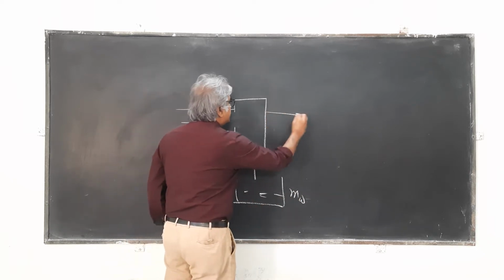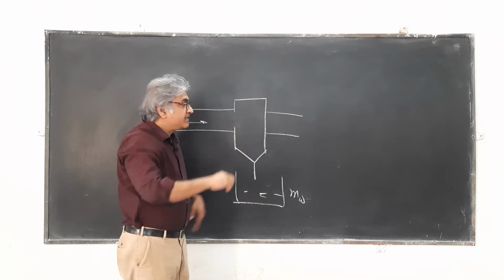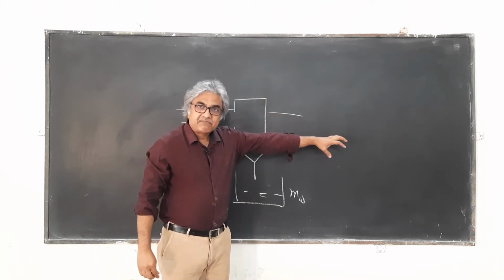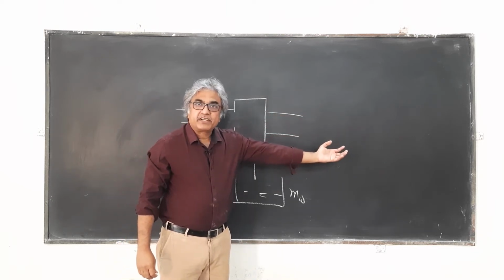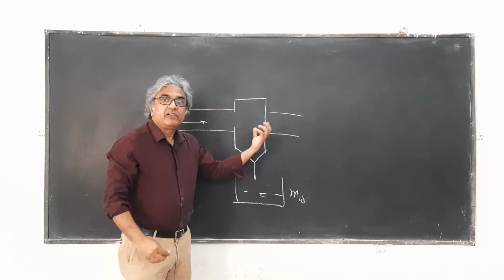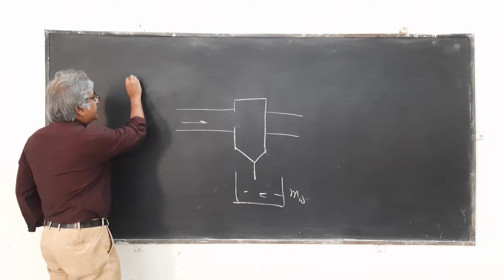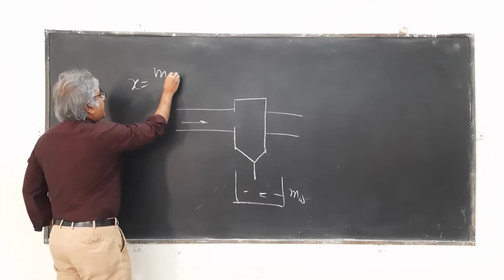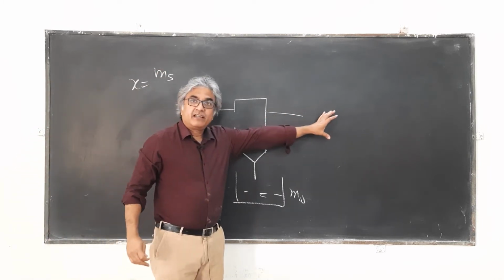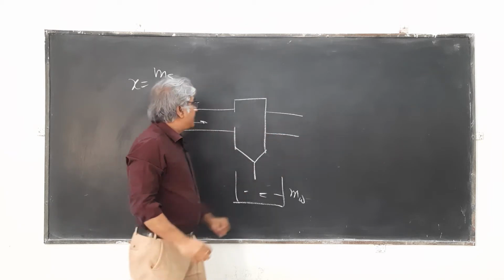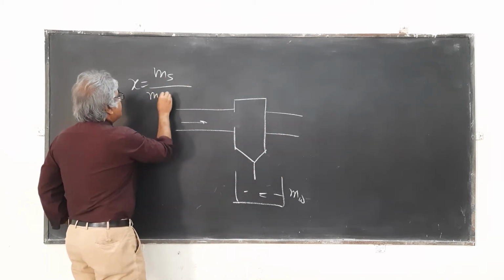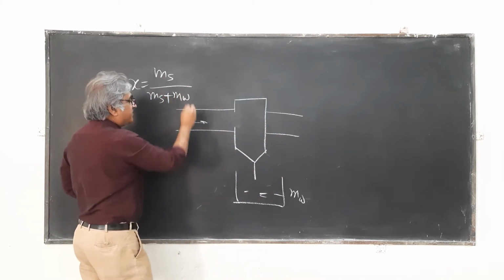The remaining steam which is leaving this device can be condensed, and that can be measured. We assume that condensed steam would be dry steam. So the dryness fraction is Ms, which you measure later by condensing the steam, upon Ms plus Mw.